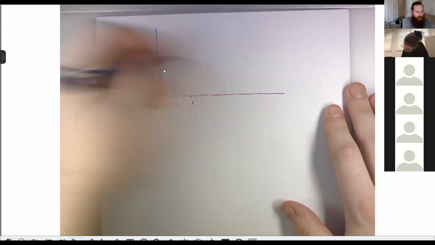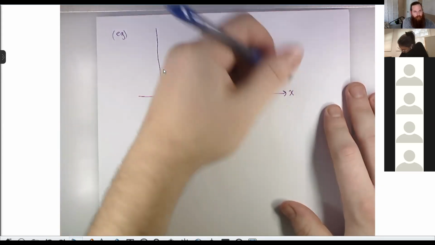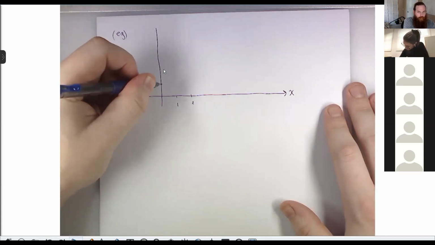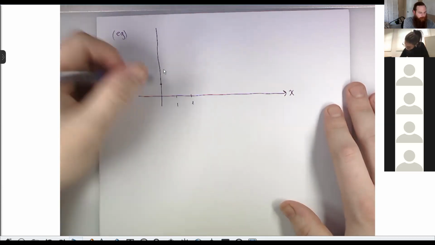And there's the x-axis, okay. So that's up there, 1, 2, 3.